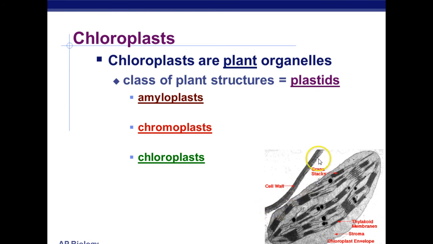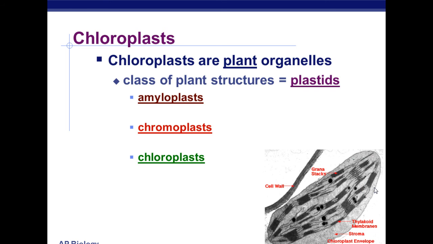So remember, plants have a cell wall and they also have a cell membrane. Next, you can see the membrane that surrounds the chloroplast. They call it the chloroplast envelope membrane. So it has its own membrane. That's very important. We're working towards where these chloroplasts may have come from.